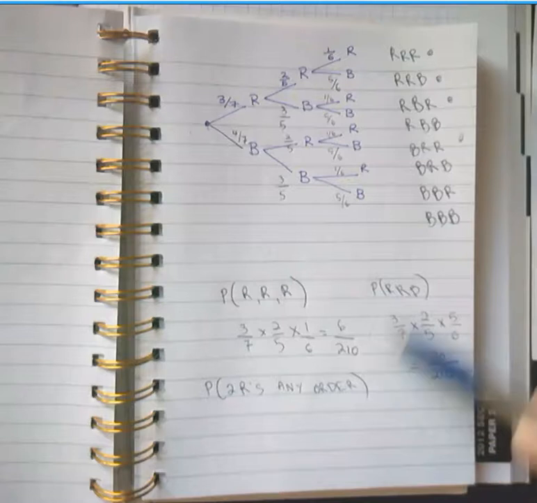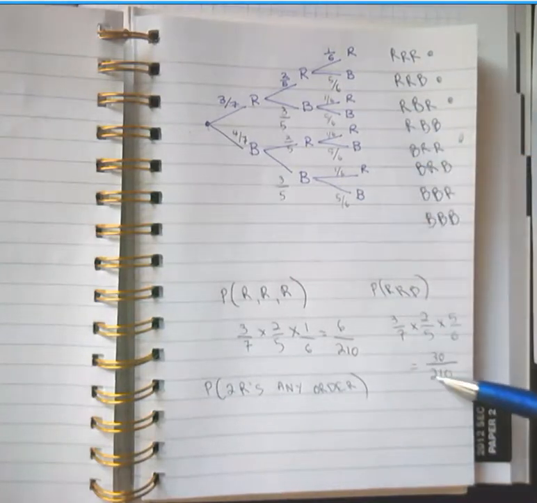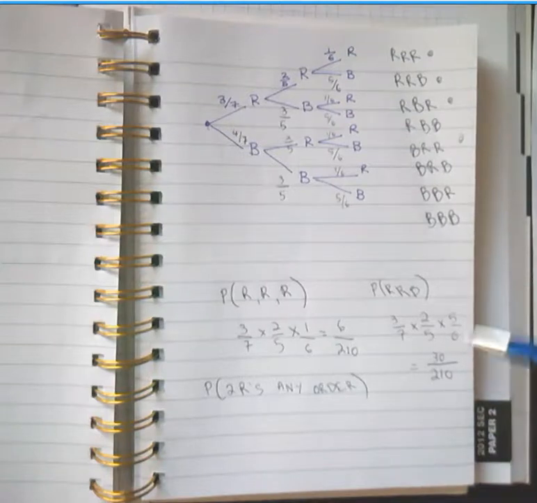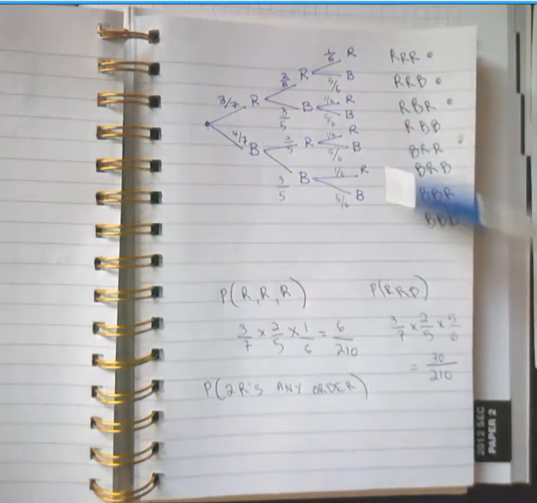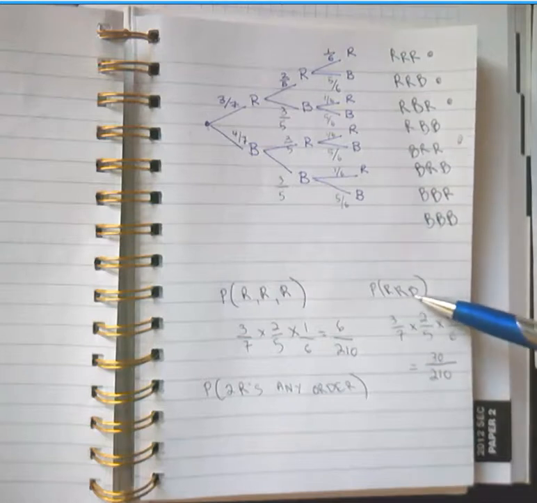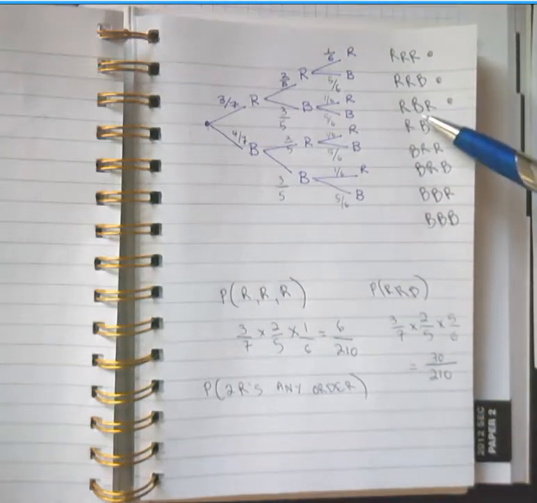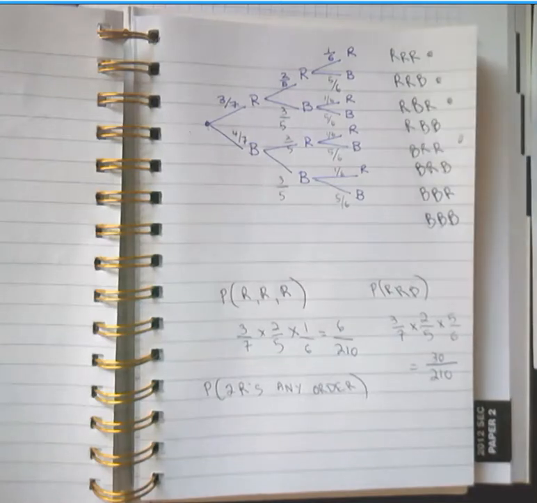In terms of this, every leaf on the last row should end up being over 210. That's why I'm saying don't change your fractions into decimals. And when you have calculated all of these, they should add up to 210 over 210. You would work out the R, R, B, then the R, B, R, and then the B, R, R, and add up your values.